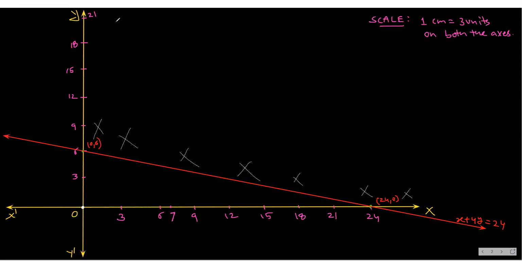So let's go for these two. This is 7 and this is 21. I draw the line.